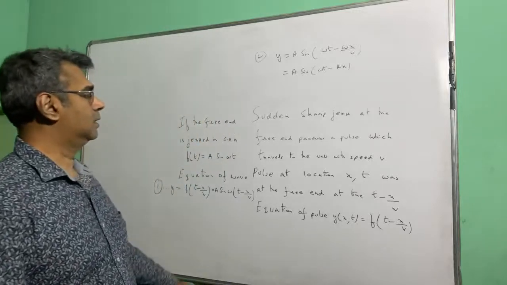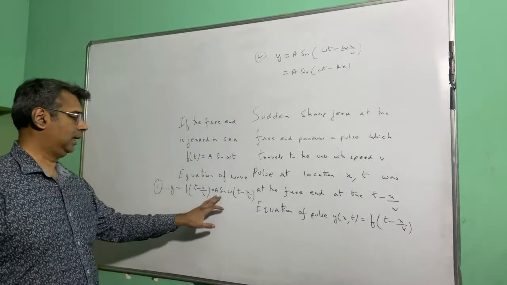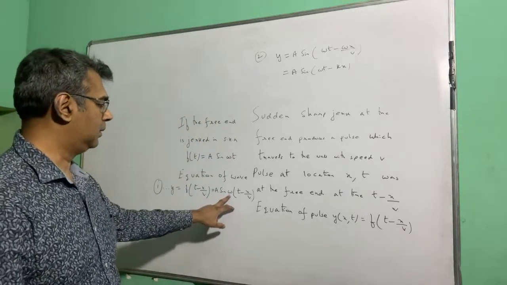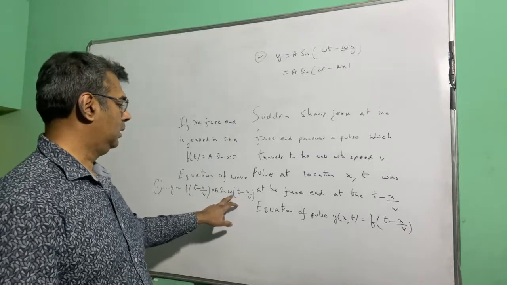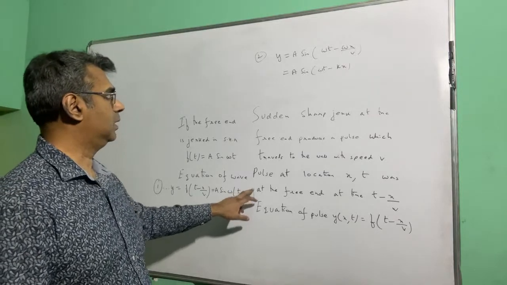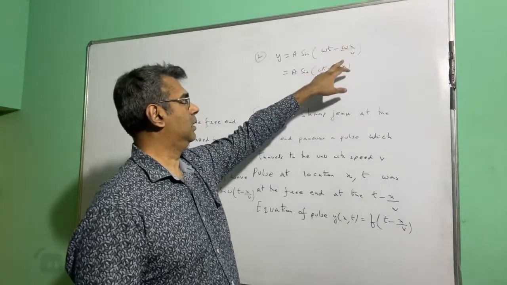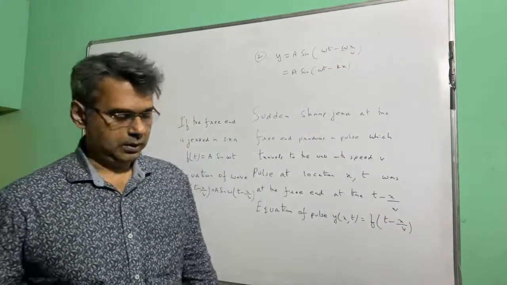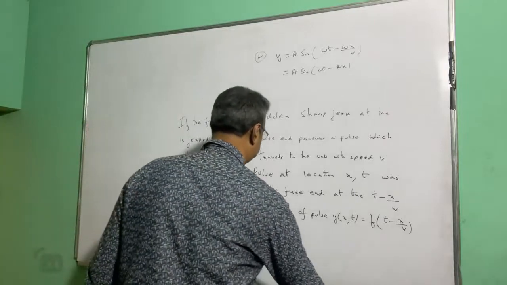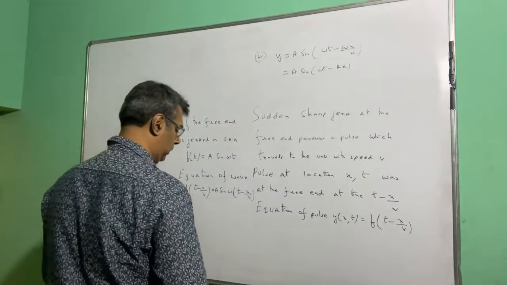One more thing is that if you open this bracket, A sine, omega into t you will get, and then omega into x by v. So omega into t minus omega x by v. So there is something called wave number.